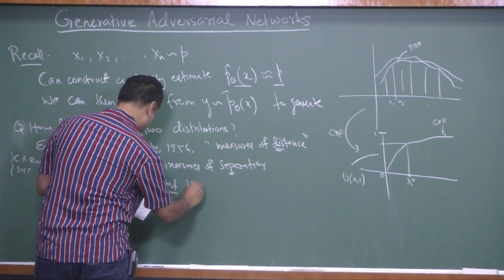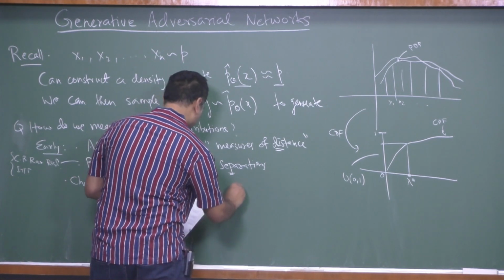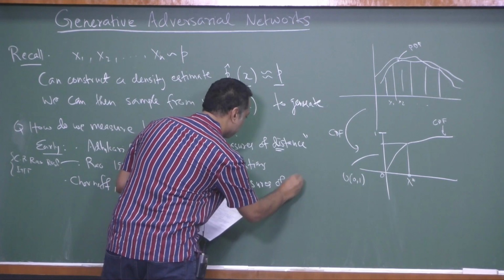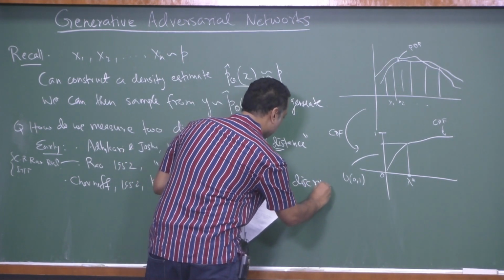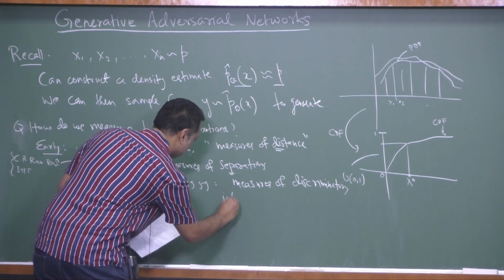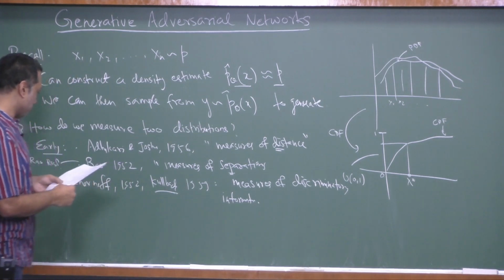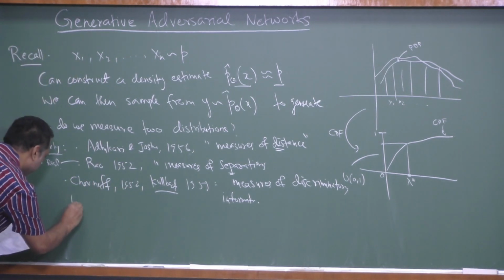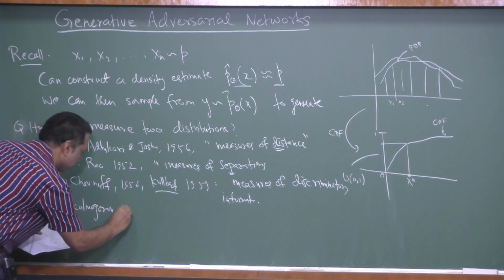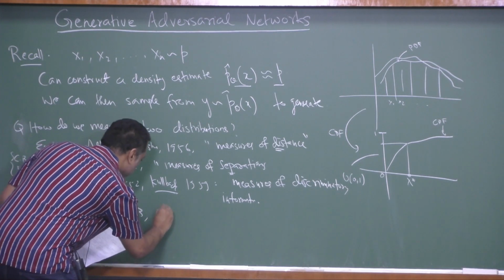Kullback, 1959, Measures of Discriminatory Information. And we have Kolmogorov, 1963, Measures of Variation Distance.